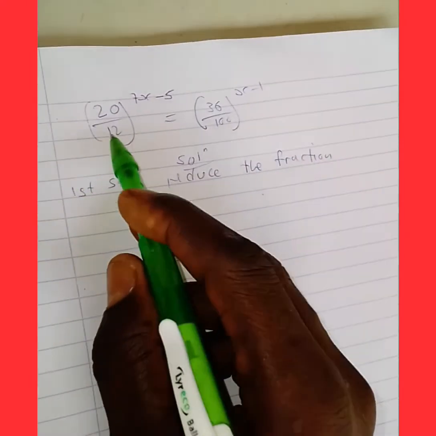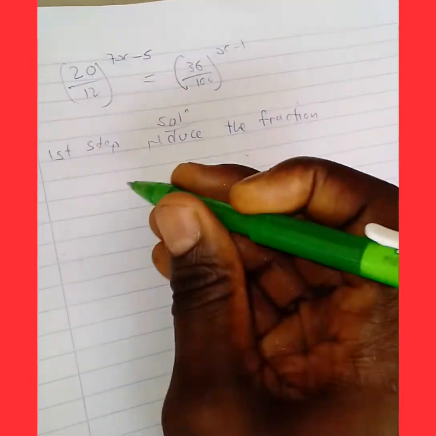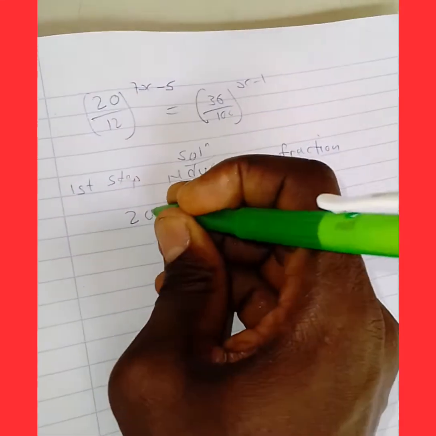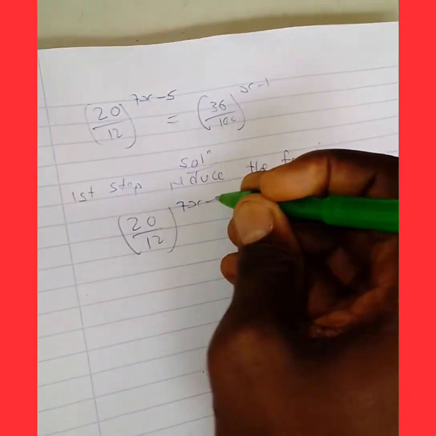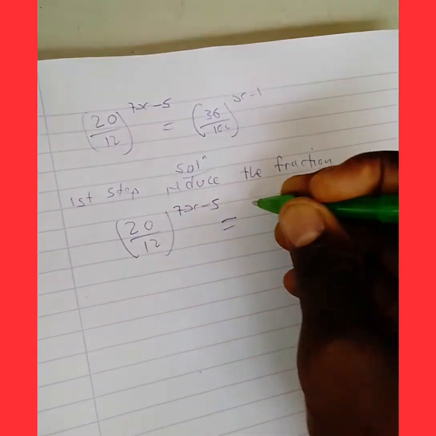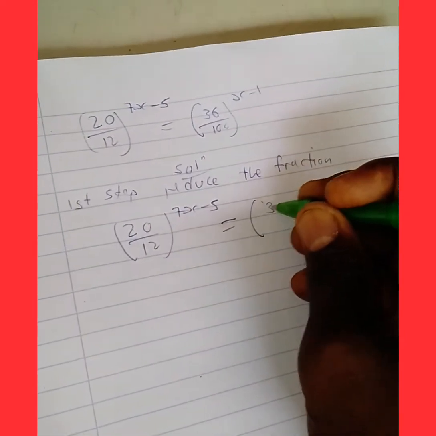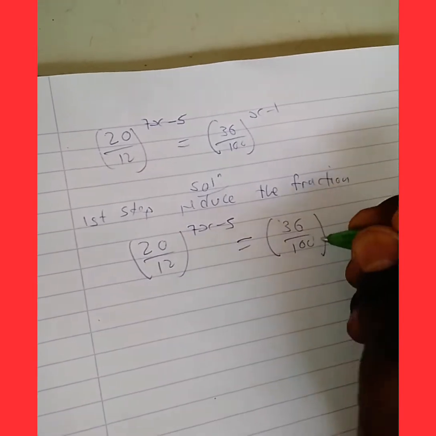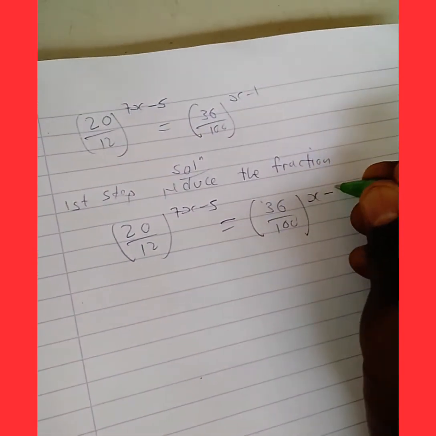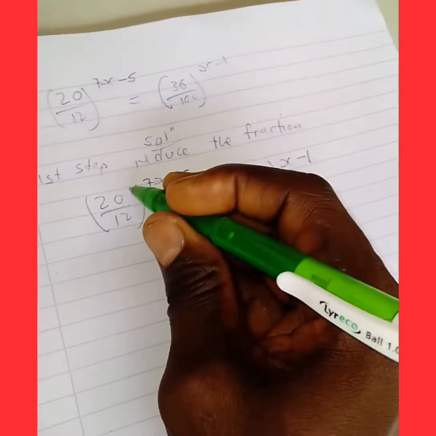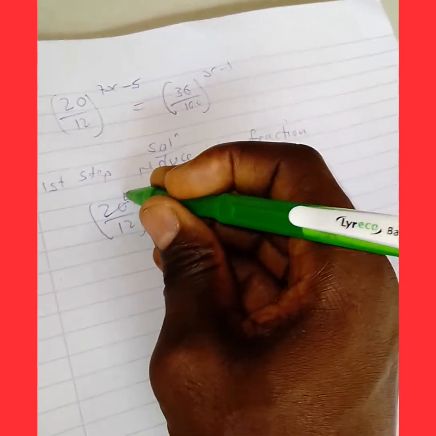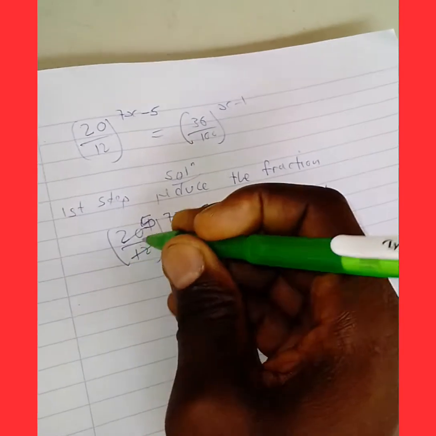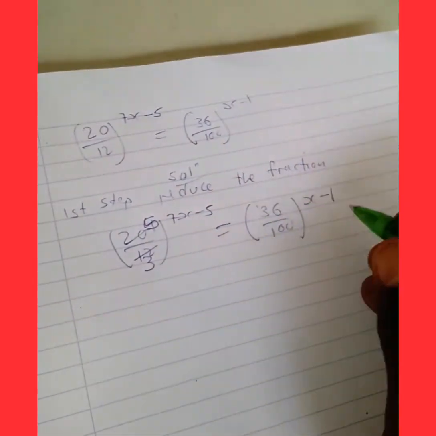We divide all the fractions by 4. I will say (20/12)^(7x-5) = (36/100)^(x-1). So divide both sides by 4. 4 into 20 will give you 5 times. 4 into 12 will be 3 times.